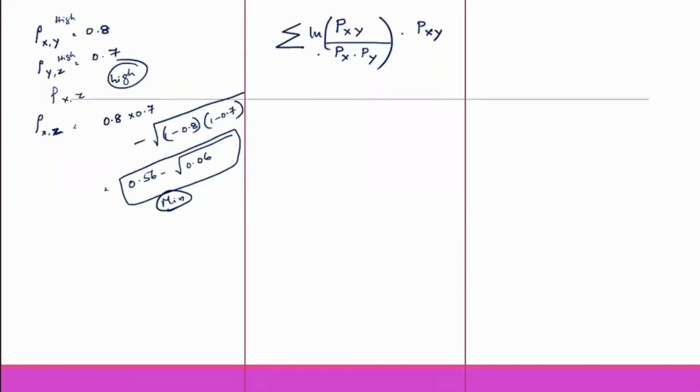Now, this is in case of discrete data, whereas in case of continuous data, the same thing would get translated into an integration kind of format. So in a real world scenario, there would be a discretization of continuous data.